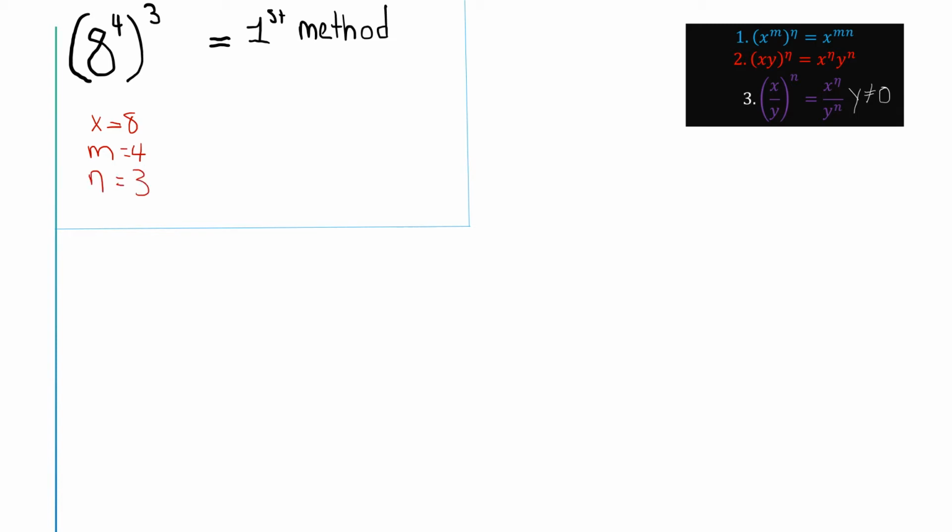So let's rewrite this just as it appears in the black box for method number 1. So we say 8 to the 4th to the 3rd, which equals 8 to the 4 times 3.